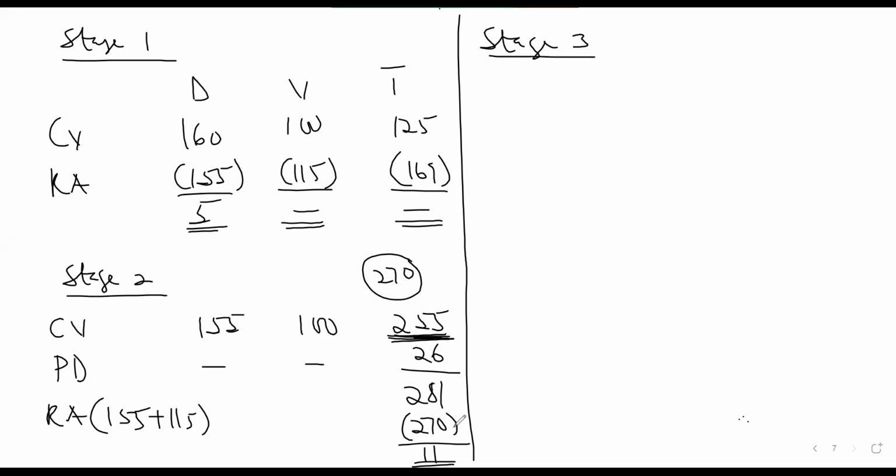Stage 3, you will now carry out the impairments for the company as a whole. What is the carrying value? This one you can take straightforward from this particular side. From stage 2, what is the carrying value? It will be 155 plus 100 plus 15. It's the same as the 270 here.